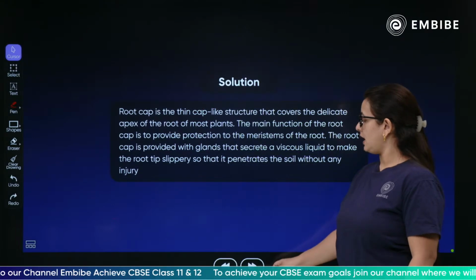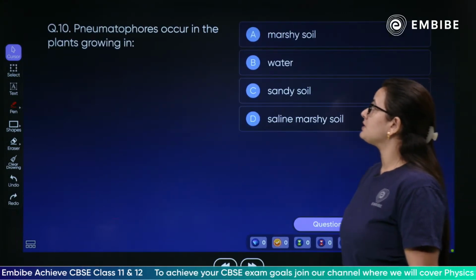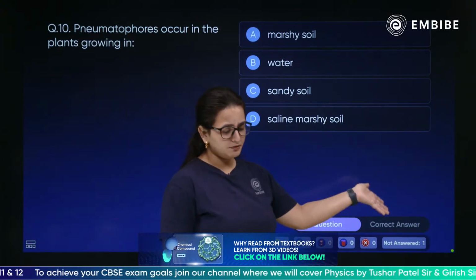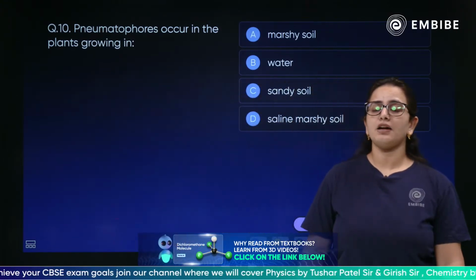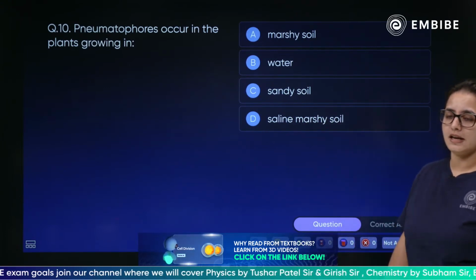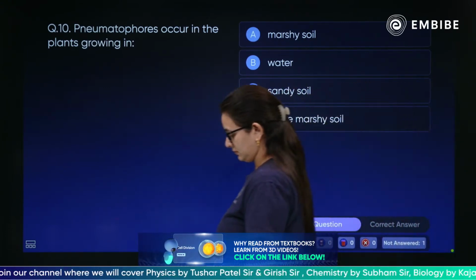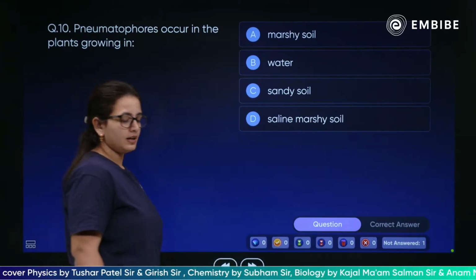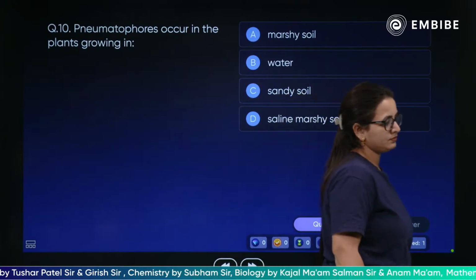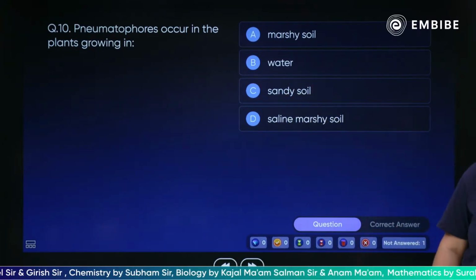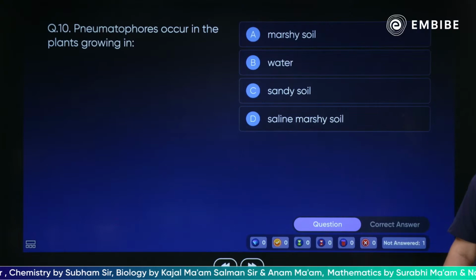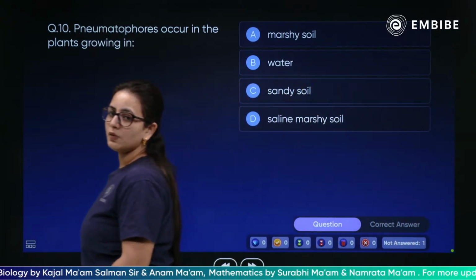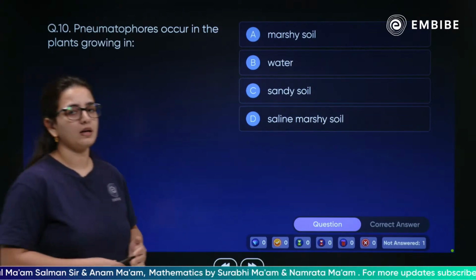Next we have another question. Pneumatophores occur in the plants growing in marshy soil, water, sandy soil, saline marshy soil?